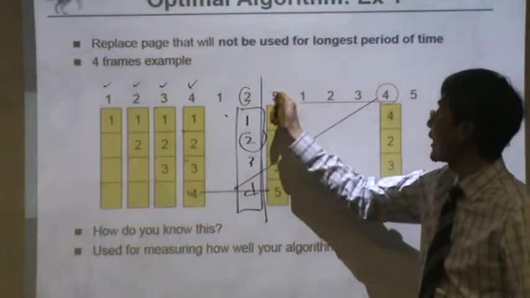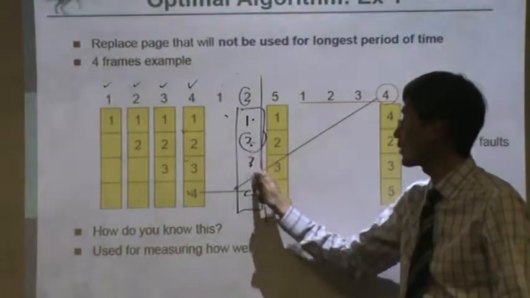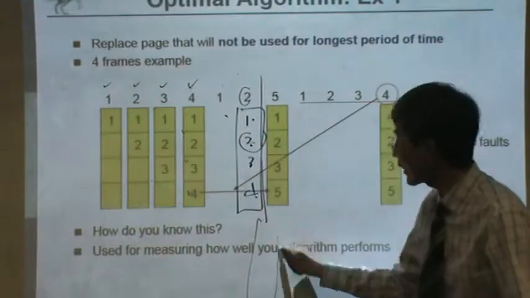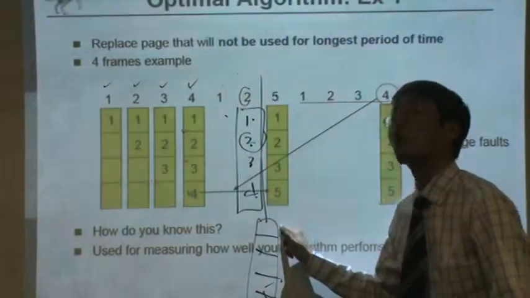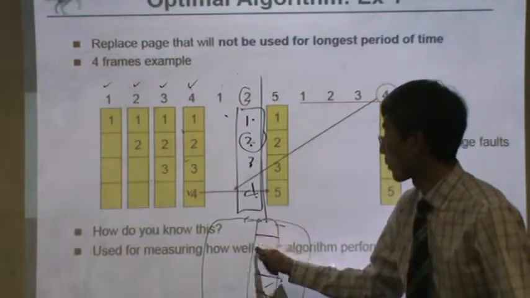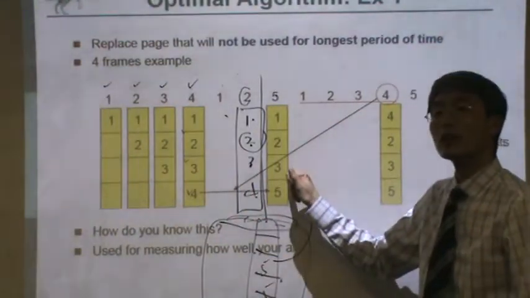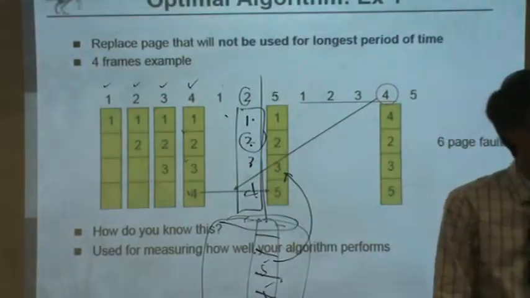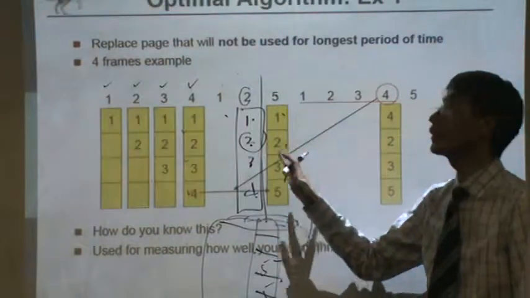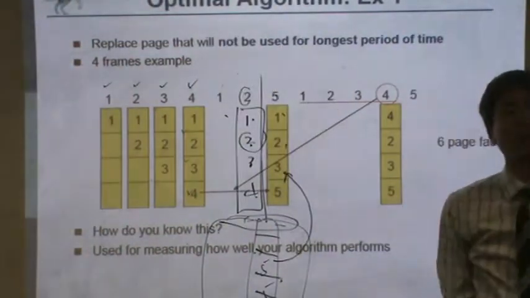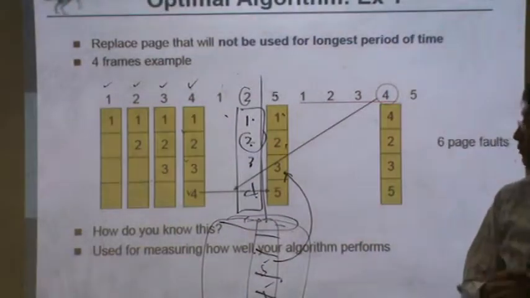But at the next stage, the CPU needs page number 5. Can you find page number 5? Okay, got it. It's in the logical memory, your program. Actually, in the virtual memory, you have the 5. So 5 should be paged in, but there is no space. You need to find the victim using the optimal algorithm. That is the optimal algorithm.